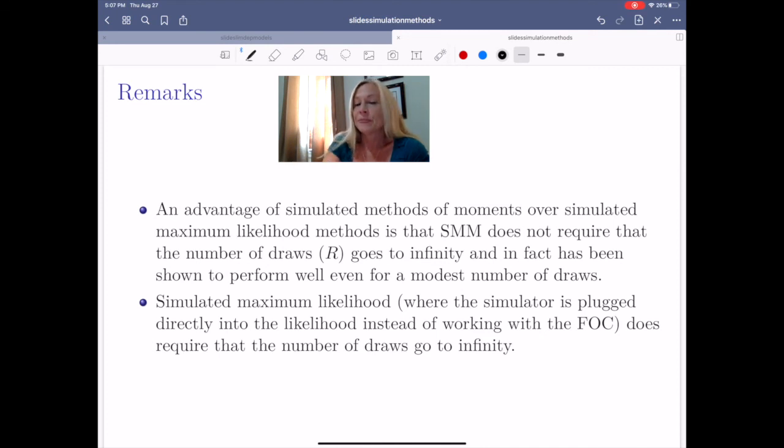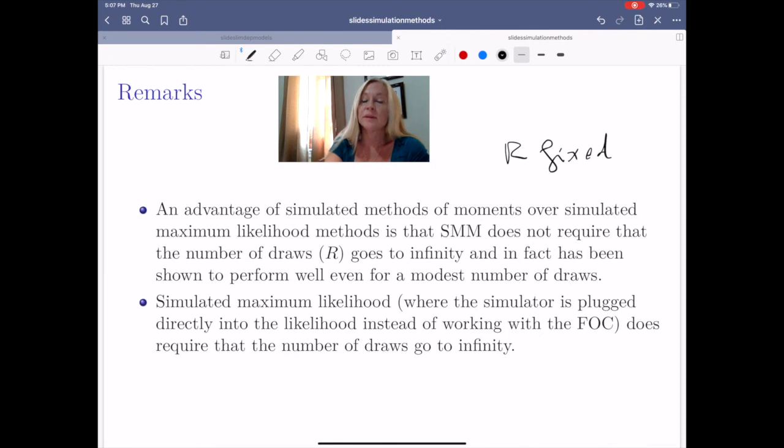It's just that in this context, an advantage of estimating these probabilities from a random utility model is that simulated method of moments does not require that the number of draws goes to infinity. So it's consistent for R fixed. Whereas usually simulated maximum likelihood does require that R goes to infinity for the asymptotics to go through.